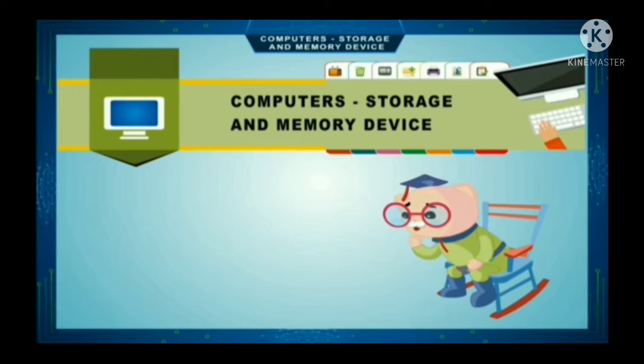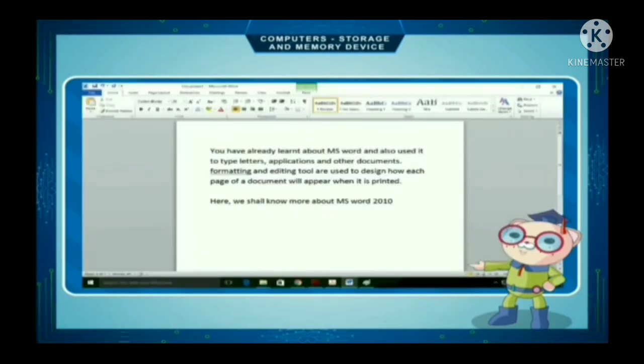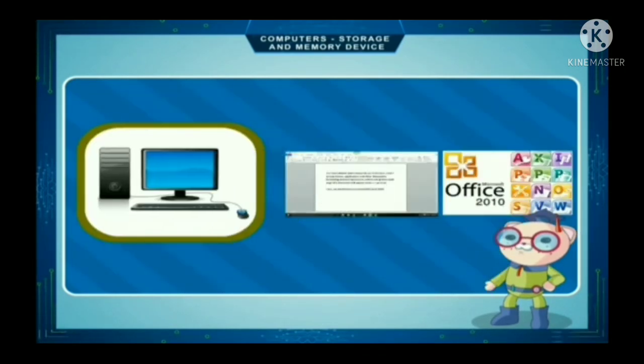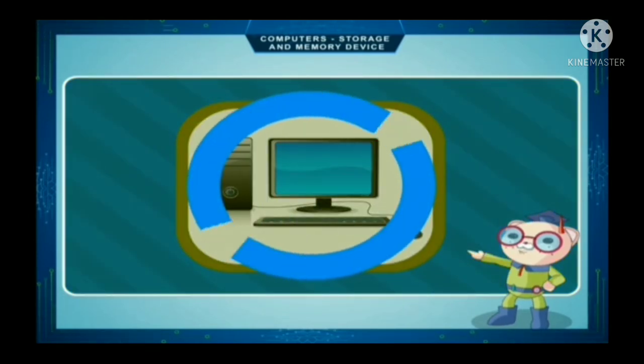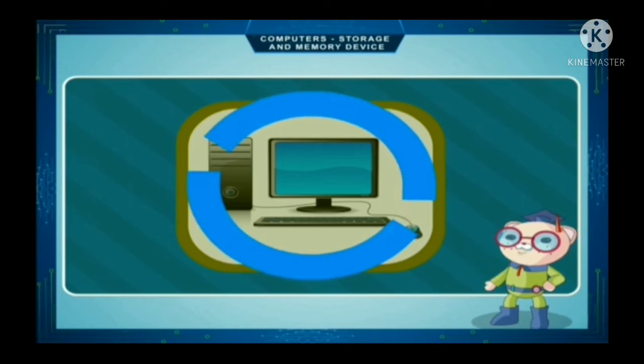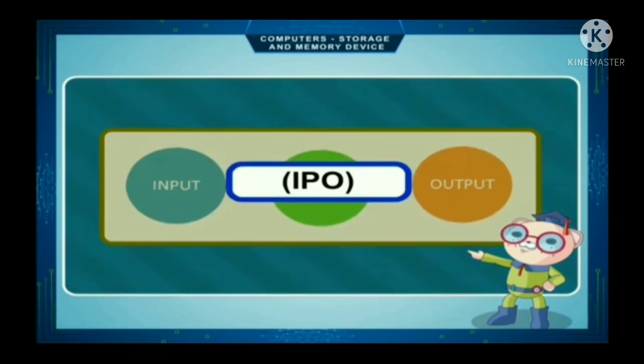Computers, storage and memory devices. A computer is an electronic device that processes raw data with the help of a program and produces meaningful information. These functions are performed in a cycle called the input, process, output cycle or IPO.